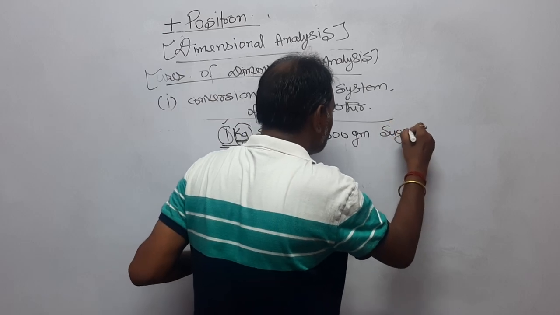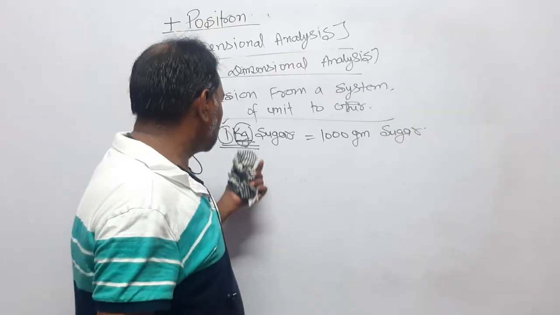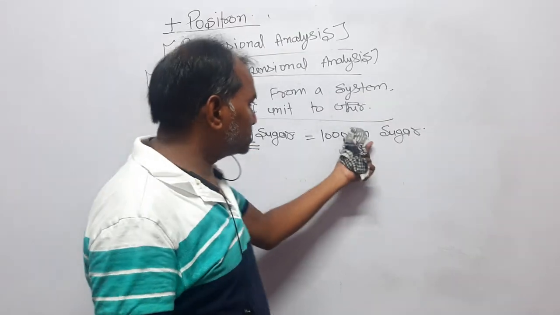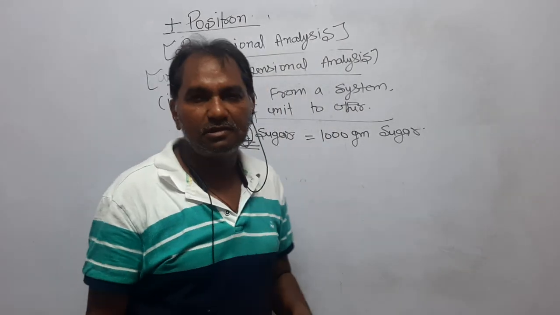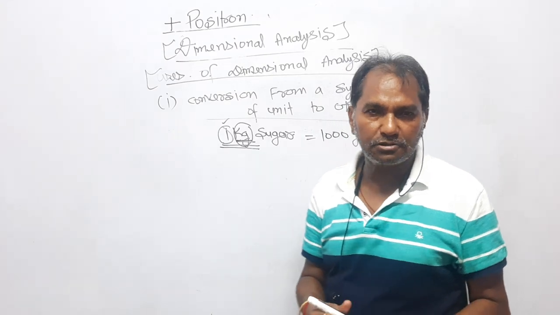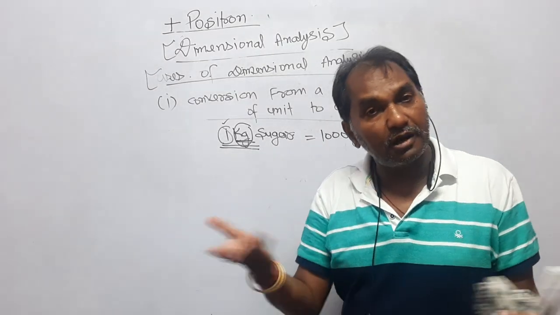sugar. Now, dear students, you know kilogram is a unit of mass in MKS and gram is a unit of mass in CGS. 1 kilogram sugar is equal to 1000 gram sugar, and both are similar.